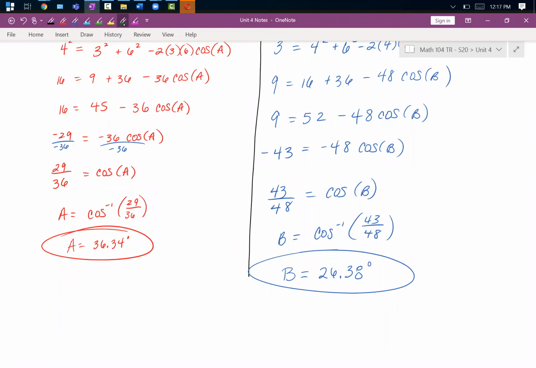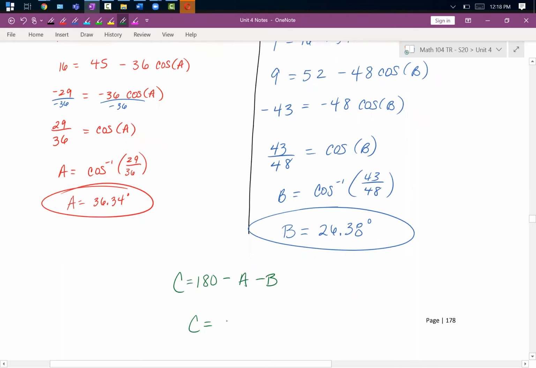Questions at all? Well, then to find angle C, we're just going to take 180 minus angle A minus angle B, and that'll give us our angle C. And we get angle C, 117.38.